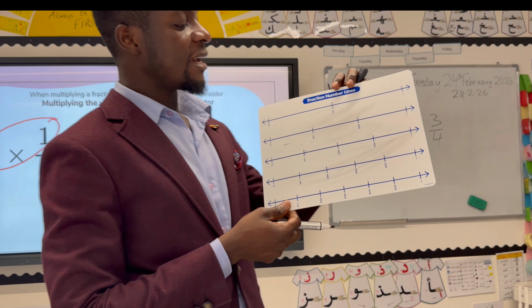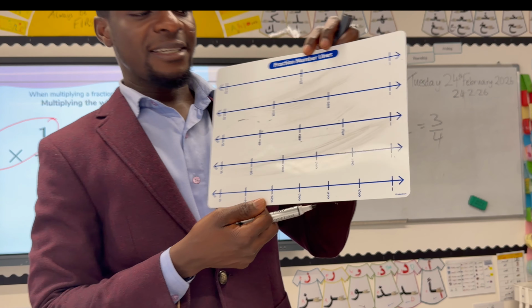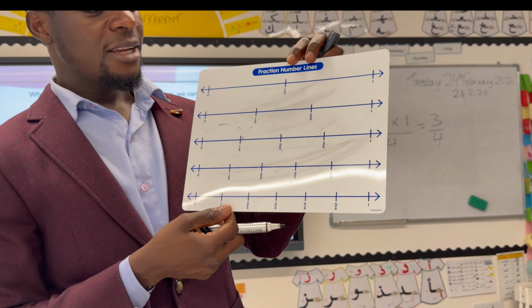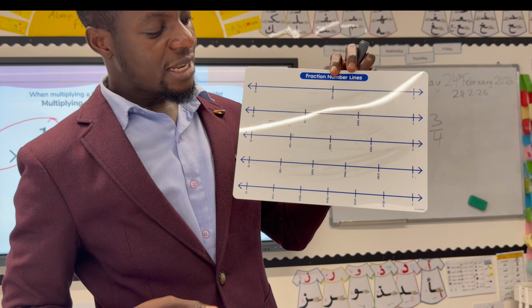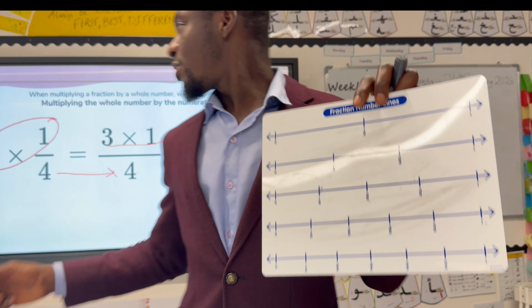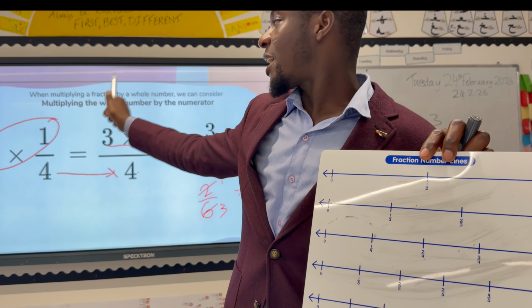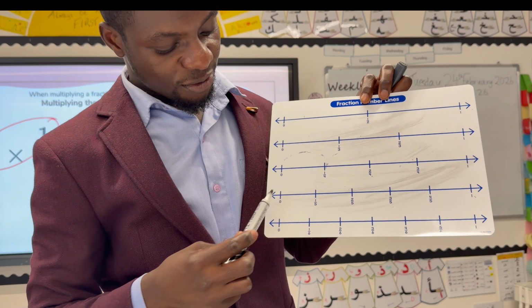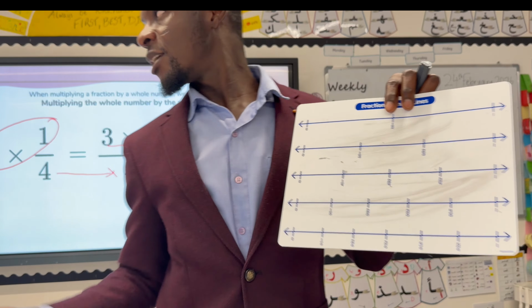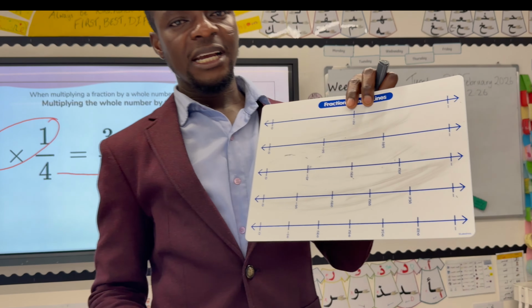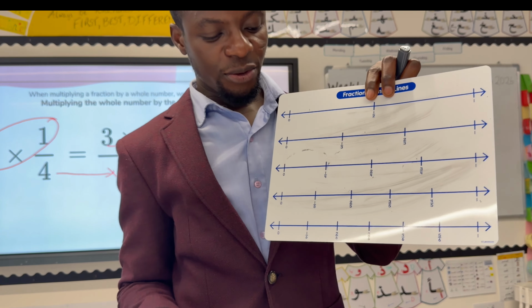So I have with me here a number line that has fractions, okay? Looks like a fraction number line. Now, let's look for 1/4. So still on our question, 3 times 1/4. Let's look for 1/4. So we can see that 1/4 is on this number line. Okay, so each day you took 1/4 pizza for 3 days.